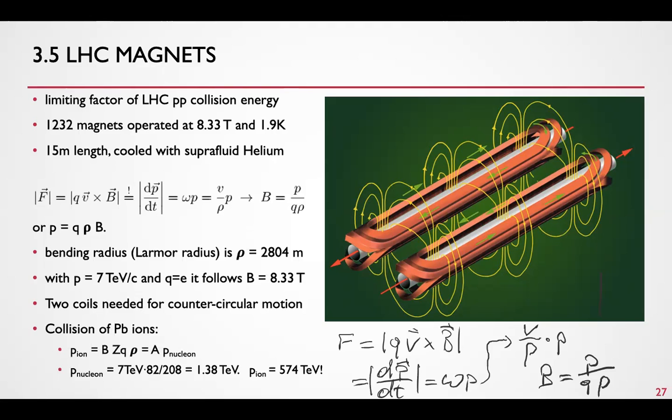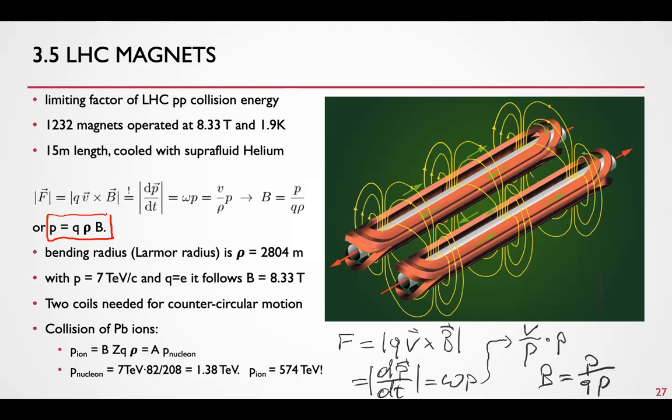We can rearrange this formula in the more important form. The achievable momentum, or the energy, because it's ultra relativistic and so the same, is charge times radius times B field, and that's limiting.